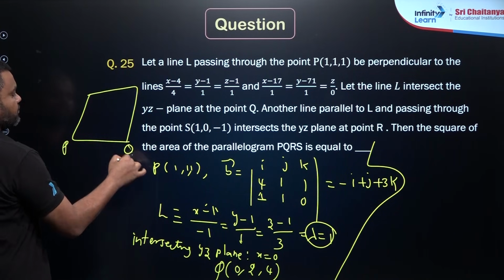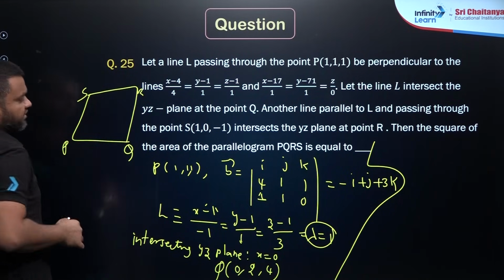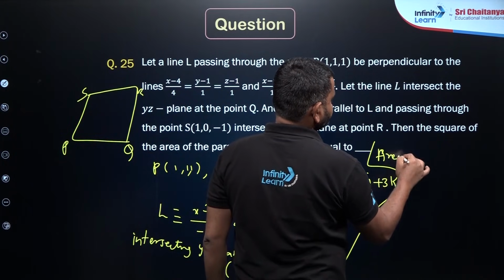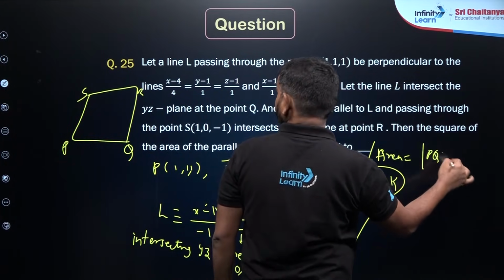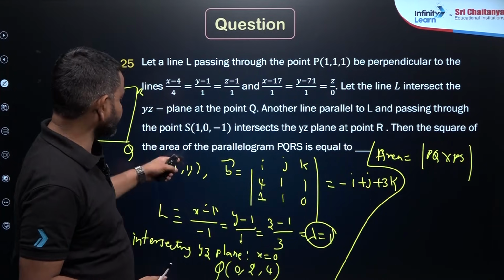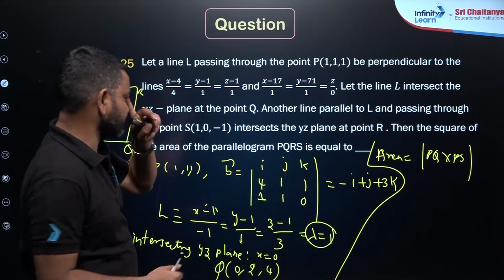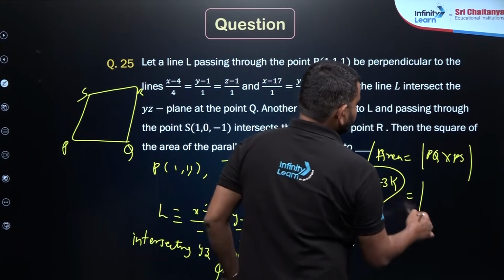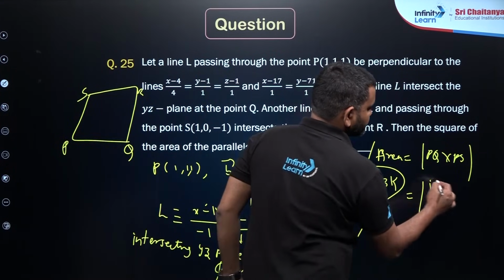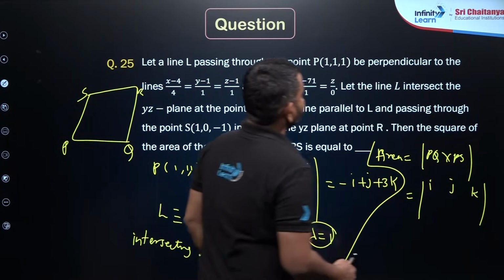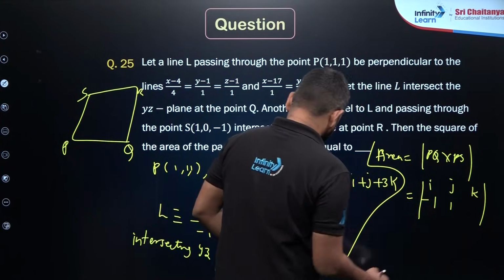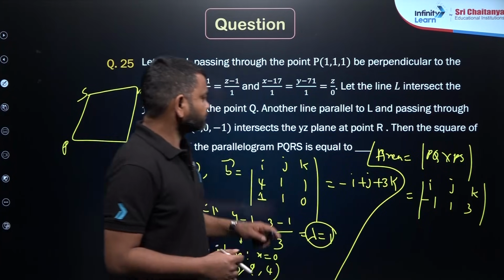So PQRS if I have, to find the area of the parallelogram, you need PQ cross PS. Right, so P I already have, Q I already have, S I already have. So PQ, 0 minus 1 is going to be minus 1. So I, J, K, 0 minus 1 is minus 1, 2 minus 1 is 1, 4 minus 1 is 3.